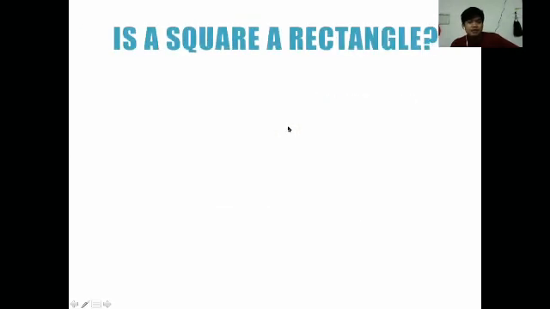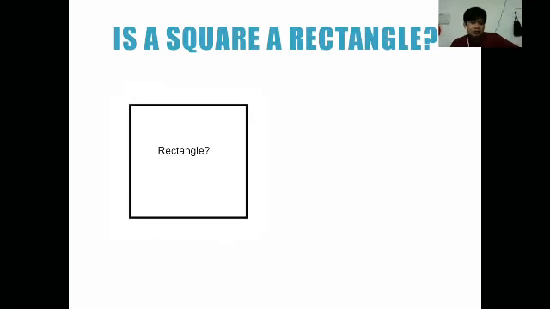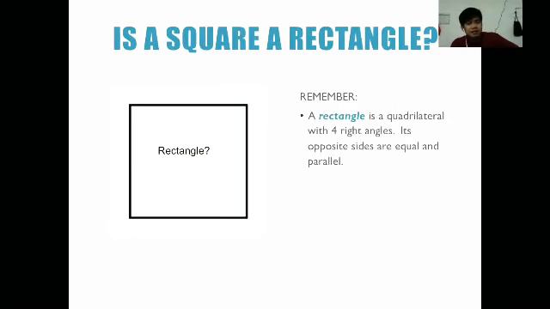Oh, the question is, is a square a rectangle? Rectangle din ba ang square? Remember, a rectangle is a quadrilateral with four right angles and opposite sides are equal and parallel.